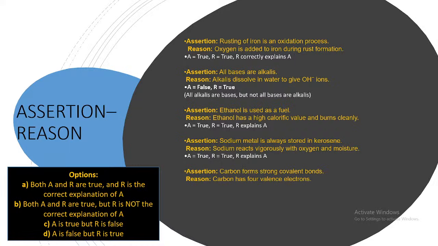Good. Next one. Carbon forms strong covalent bonds. That is the assertion, and the reason is carbon has 4 valence electrons. So which one is the correct option?